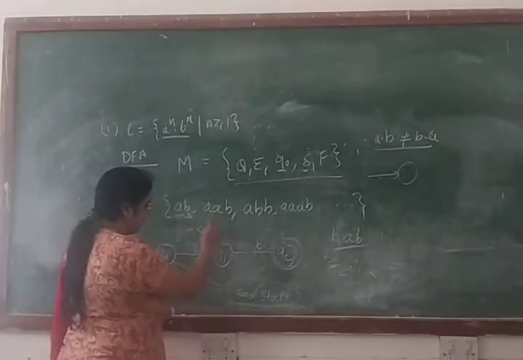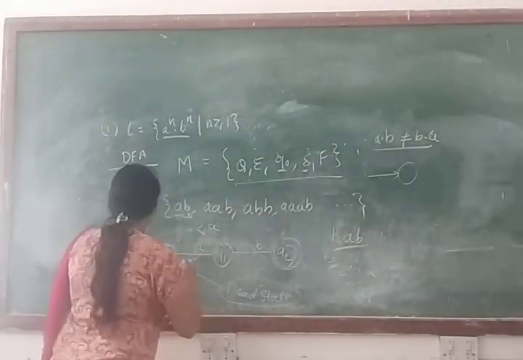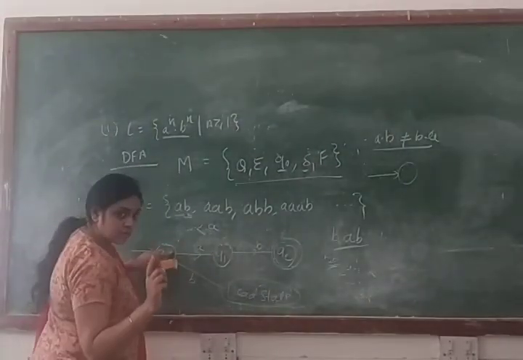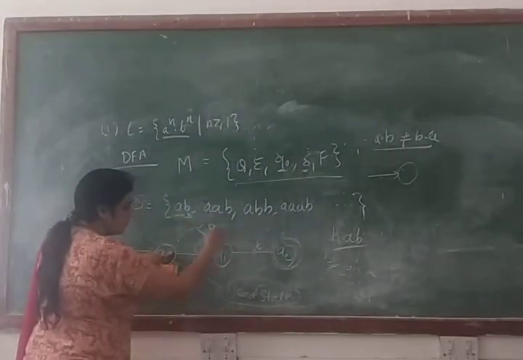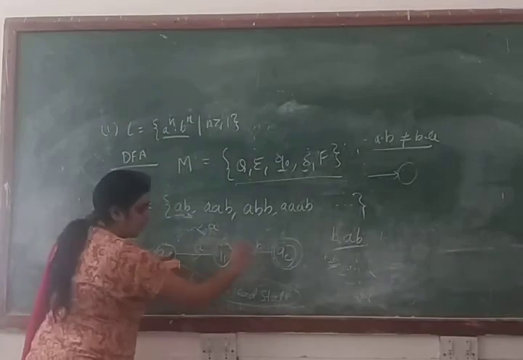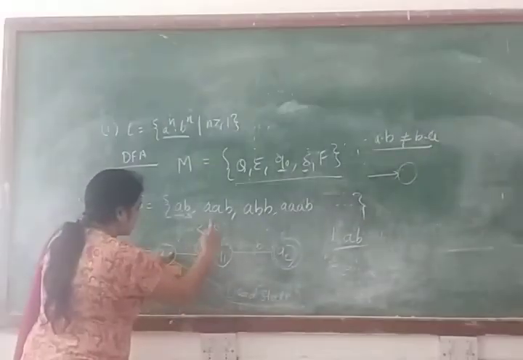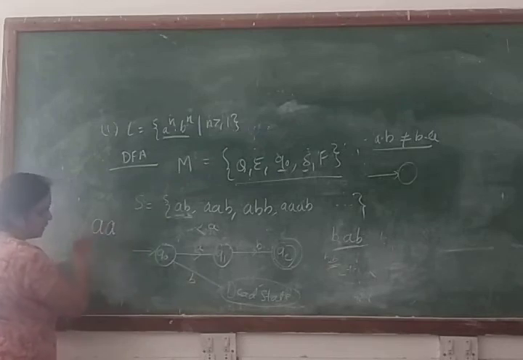A, B. What does that mean? What is the smallest string that we will accept by making this transition? AB. Clear?